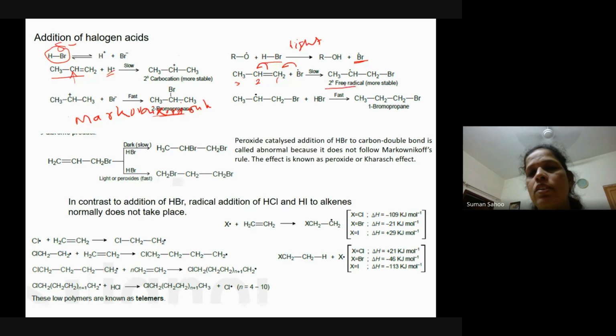We already know that secondary free radical is more stable. The next step is just abstraction of a hydrogen radical from HBr to give 1-bromopropane. This is the anti-Markovnikov product, and this effect is known as the Kharasch effect or peroxide effect.